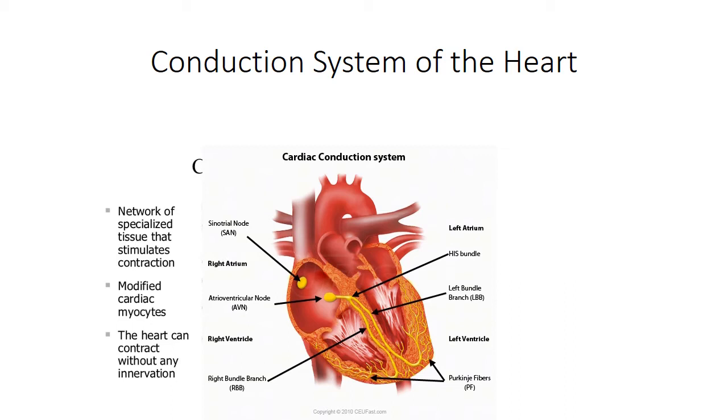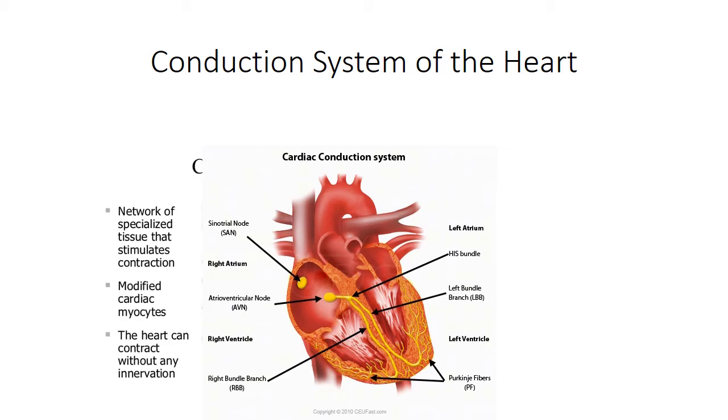Now, there's one interesting thing about the heart. It has a conduction system. What does it mean? Back in the 19th century, there was a German scientist called Ludwig, and he was very interested in what nerves contact cells of the heart muscle and make them contract.